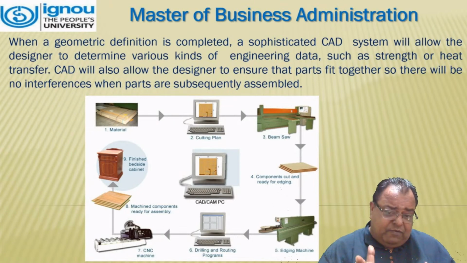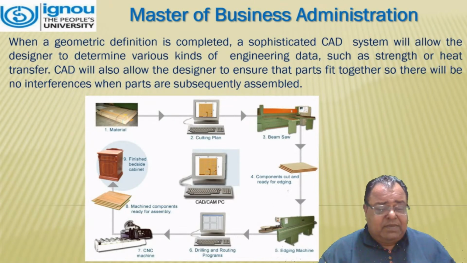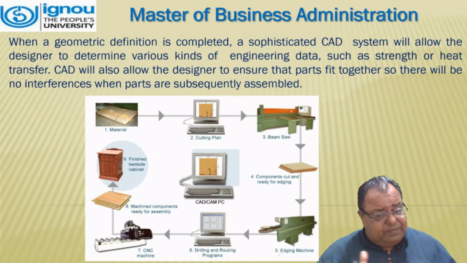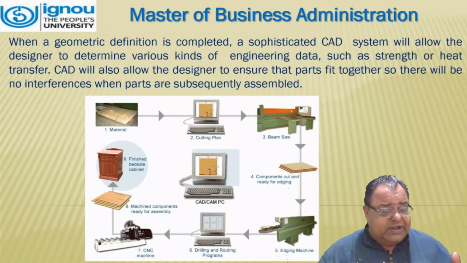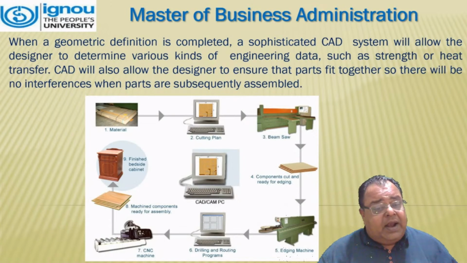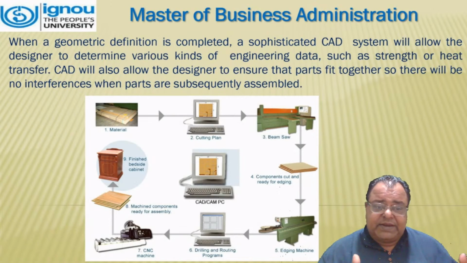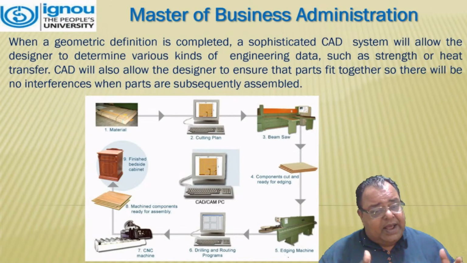These boards at step number 4 go to step number 7, where the input is in the form of the number of holes and their positions, and that input is given to CNC machines. Now after that, machine components are ready for the assembly at step number 8. After that, they are joined together, and we get bedside cabinet boxes.